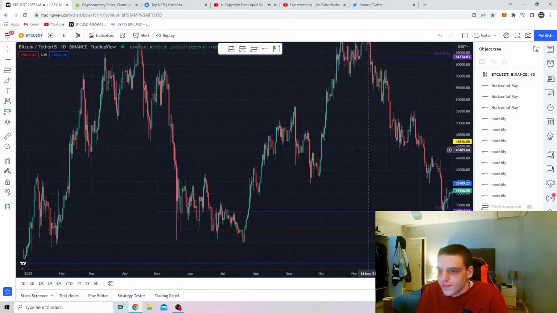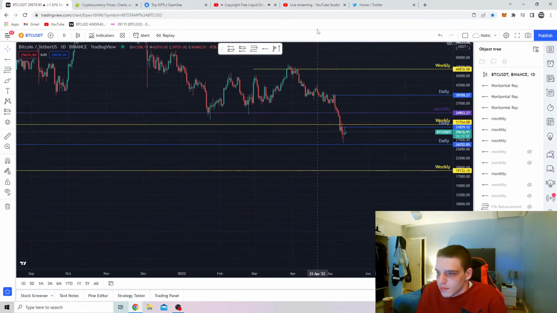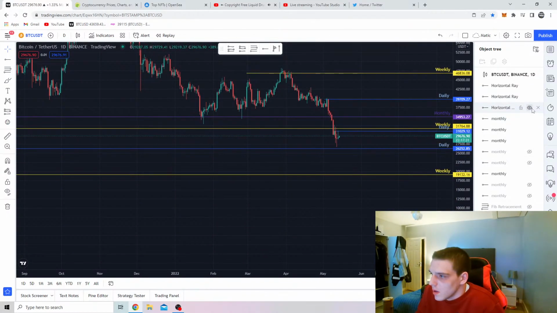Actually, right. So we're going to hide some of these levels that don't mean anything, just because it makes our chart look a bit cluttered. Okay, we don't need that weekly. Where's that one?